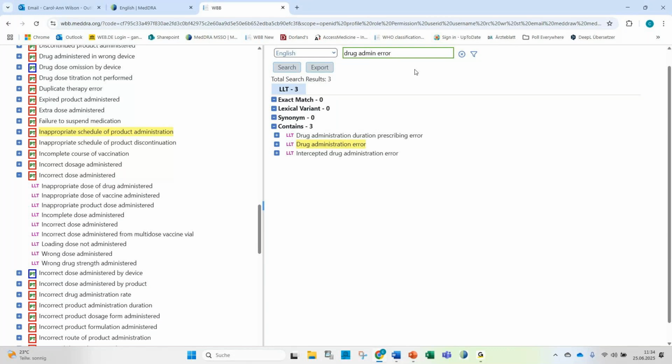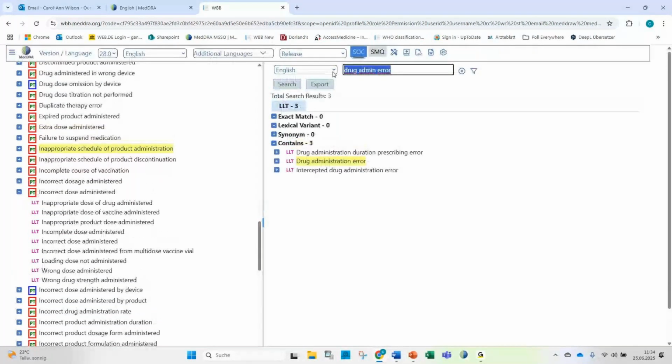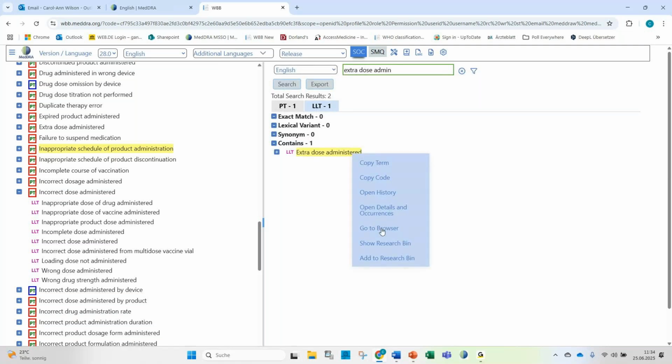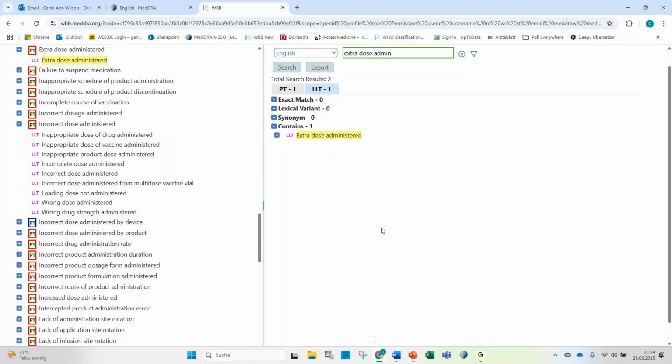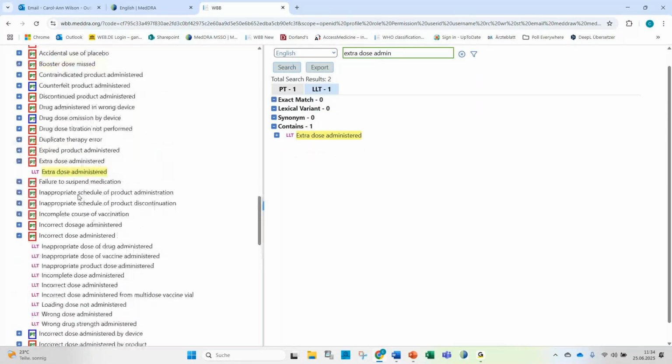So if I look for extra dose administered, here we are again, go to browser. Here we are, PT extra dose administered.